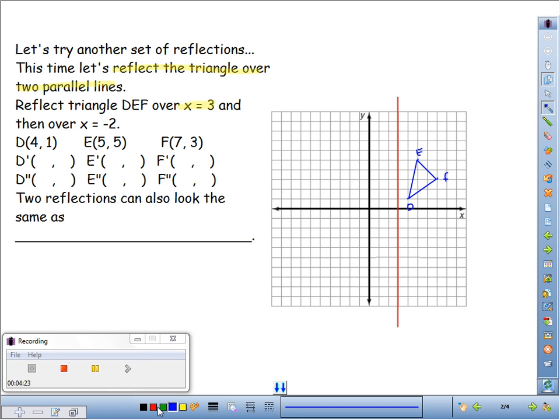So now I want my points to be the same distance away from this line here. So this would be D prime. It's 1 away, both on that line. E prime is going to be 2 away. 1, 2. And F prime is 1, 2, 3, 4 away.